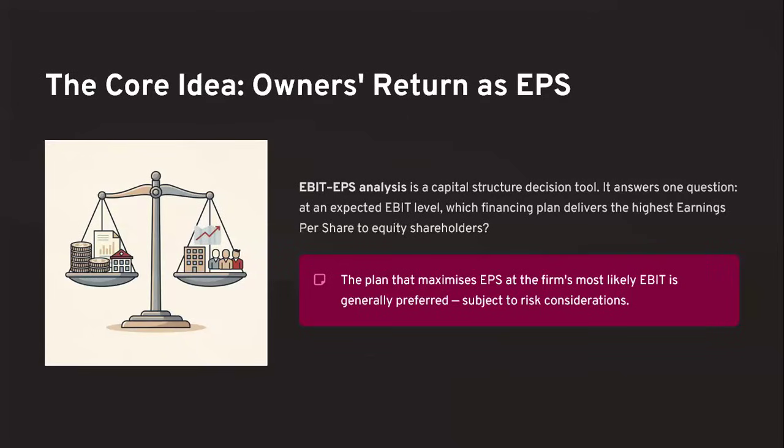The EBIT and earning per share, sorry, I use the word EBIT, actually earning before interest and tax and profit before interest and tax. They are one and the same word. We can just interchange. It is a capital structure decision where we compare how much the earning before interest and tax is and how much it delivered.